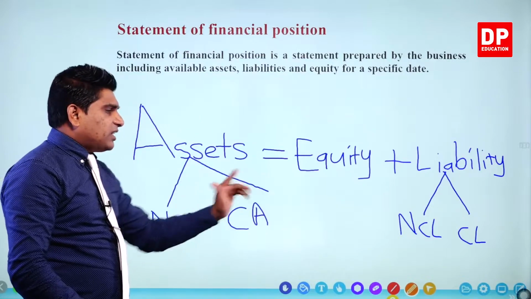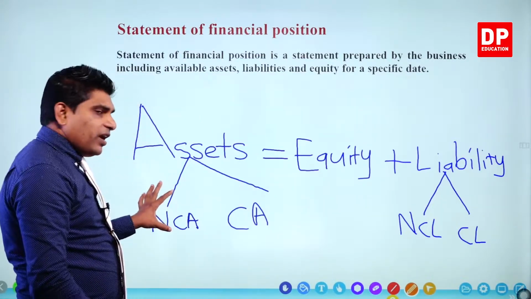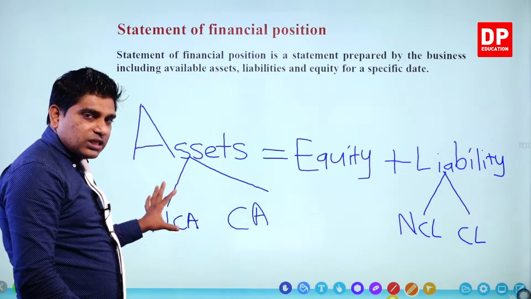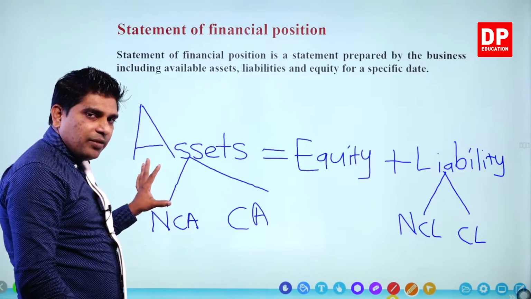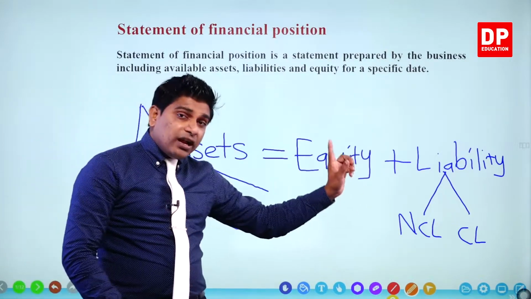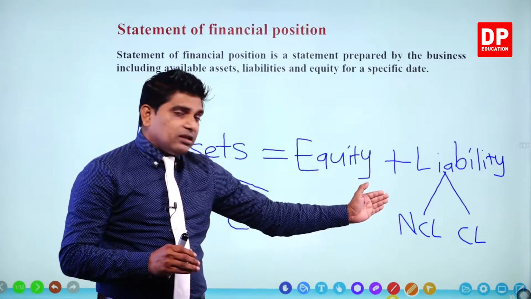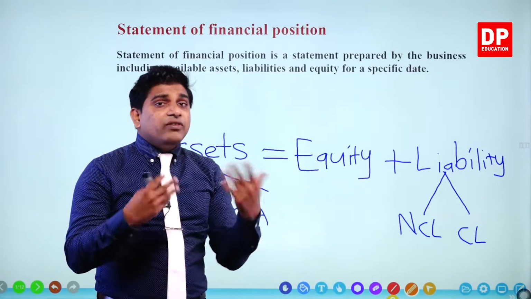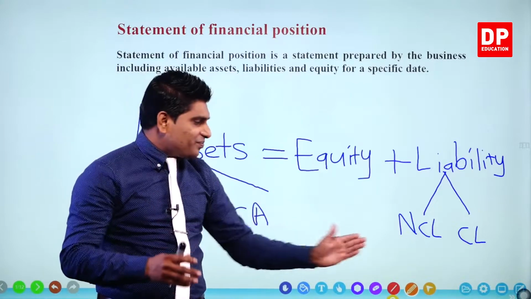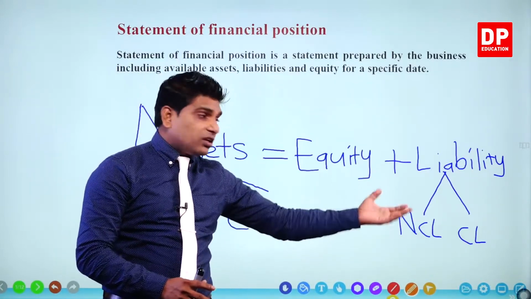Here current asset, they are current liability. Here, if you can use them for more than 1 year, they are non-current assets. You can settle those liabilities in more than 1 year, so that's why non-current liability. Within 1 year, within 12 months, you have to settle those liabilities.